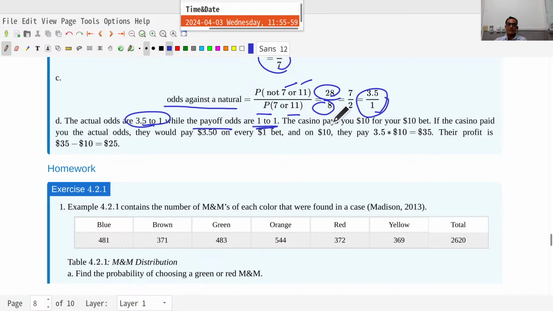The casino pays you $10 for your $10 bet. If the casino paid you actual odds, they would pay 3.5 for every $1 bet, and your bet is $10, so that will be 10 times 3.5. It will be $35. The profit is $35 minus 10, that's your bet, and that's 25. That is 25. So, is it okay?